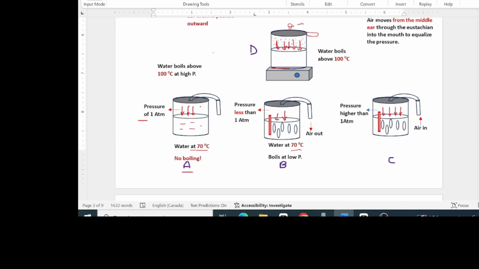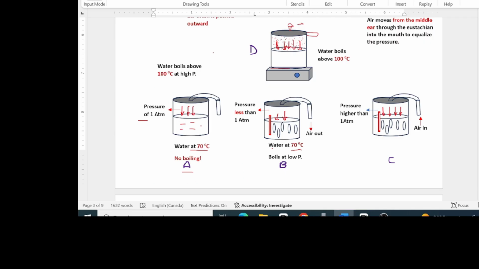So the point to note is that one of the factors that affect the boiling of any fluid is the pressure above it. So in this case, because the pressure is 1 atmosphere, the temperature of the water needs to be raised to 100 degrees Celsius. And it doesn't matter how much heat is provided to the water, it will not attain a temperature higher than 100 degrees Celsius.